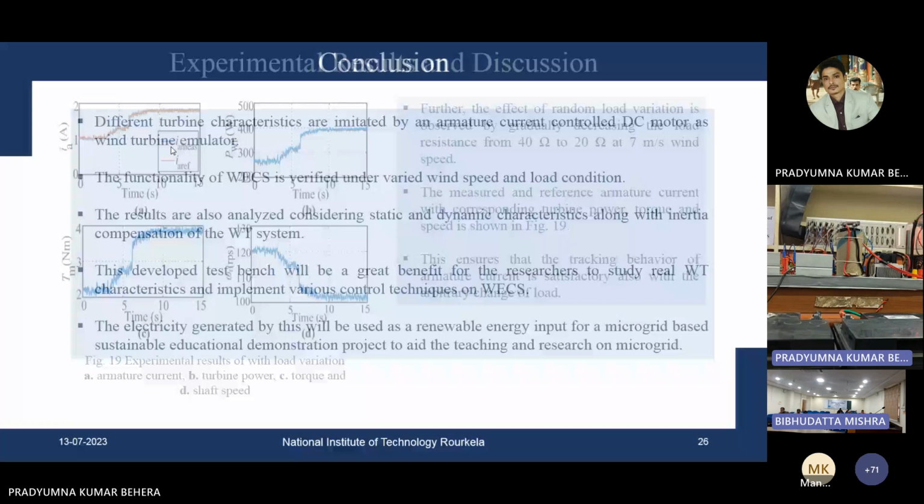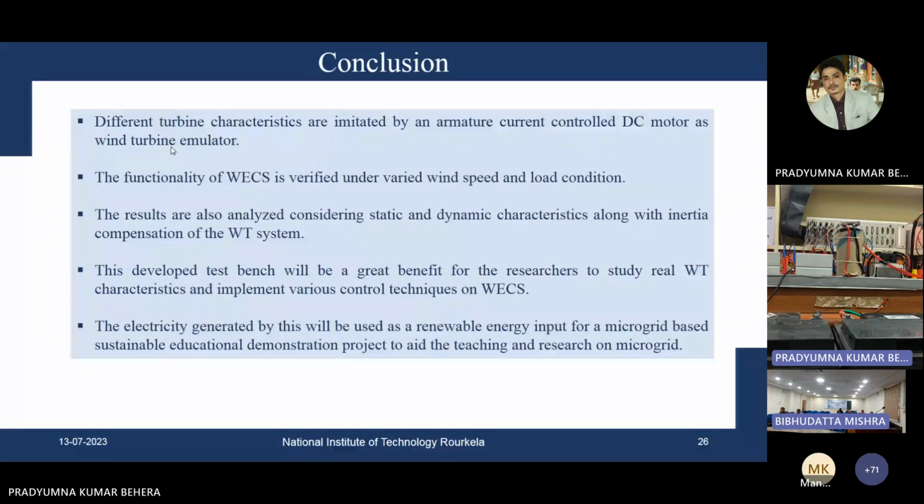So now I will conclude my session. What we have discussed today is how various wind turbine characteristics are imitated by using the armature current controlled DC motor as a wind turbine emulator. And the functionality of the wind energy conversion system is verified under varied wind speed condition and load condition.